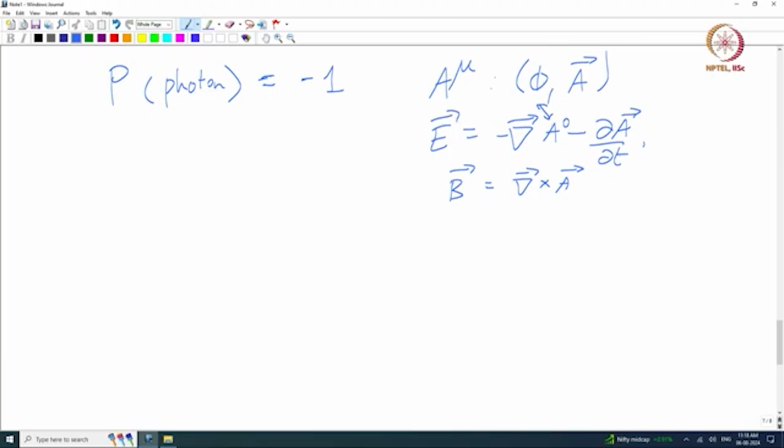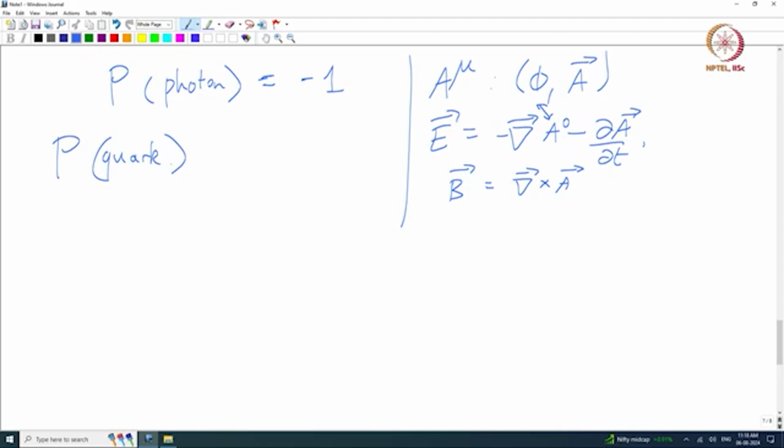So this is one way of seeing that the intrinsic parity of the photon is the photon field basically, which you represent as a photon state. It is -1.